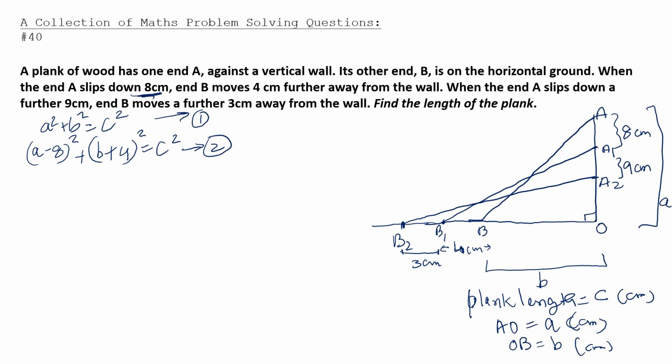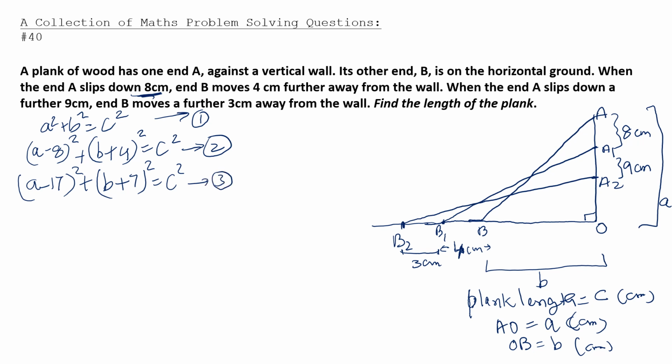Another equation: it is moving a further 9 centimeter, so A minus 17, 8 plus 9, whole square, plus B plus 7, 4 plus 3, whole square, equals C square, and that is 3.